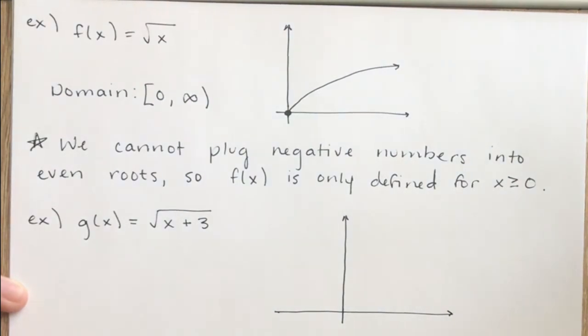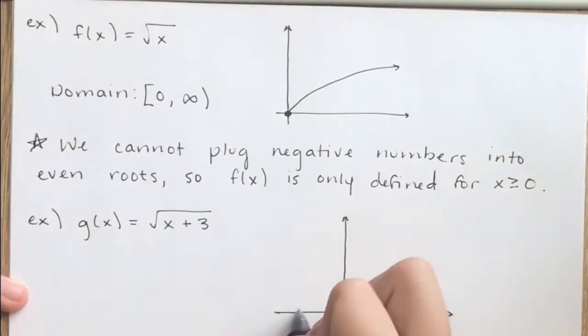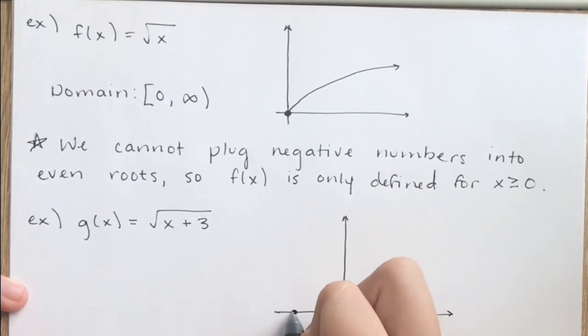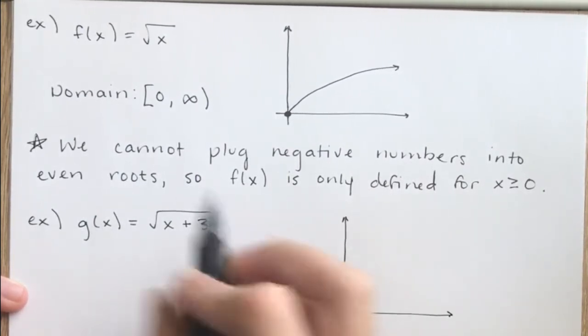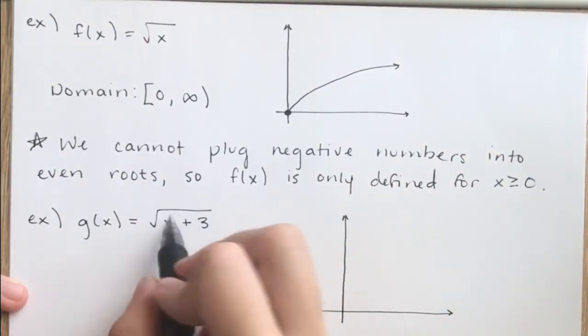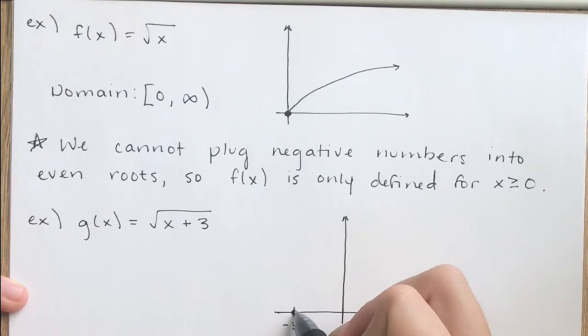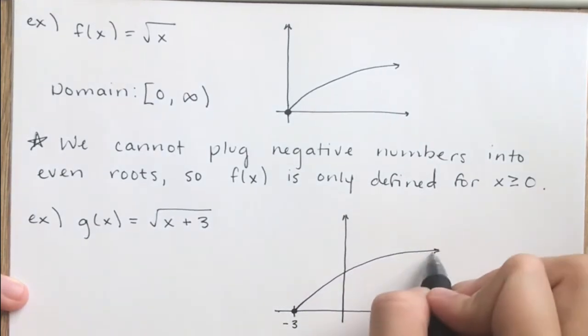It's shifted to the left or right? To the left. Right, we've shifted to the left by 3. We're adding on the inside, right? So we've shifted to the left by 3, and that is what our graph looks like.